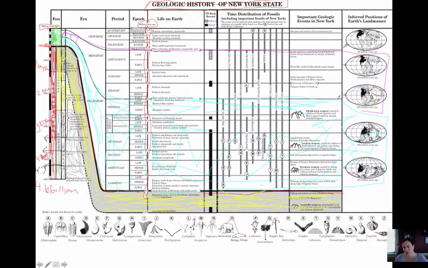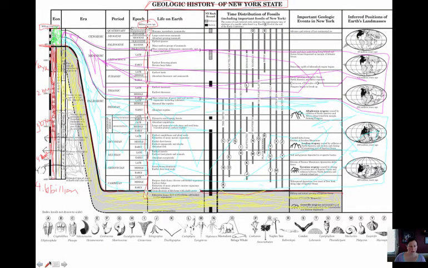Then shade everything in this section. Everything in here is going to be the same color. Okay, so this is the Mesozoic, which represents 65.5 million years ago up to about 251 million years ago.